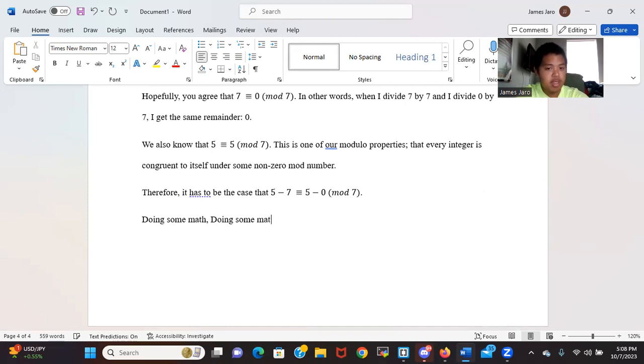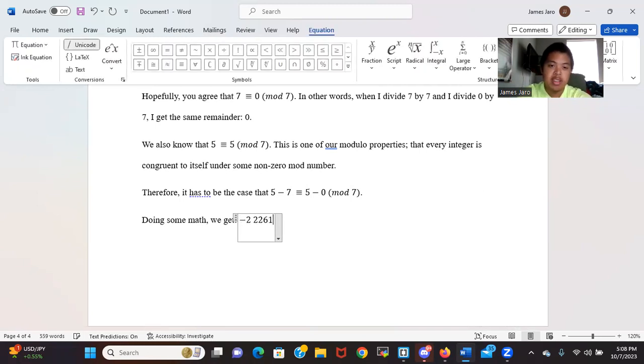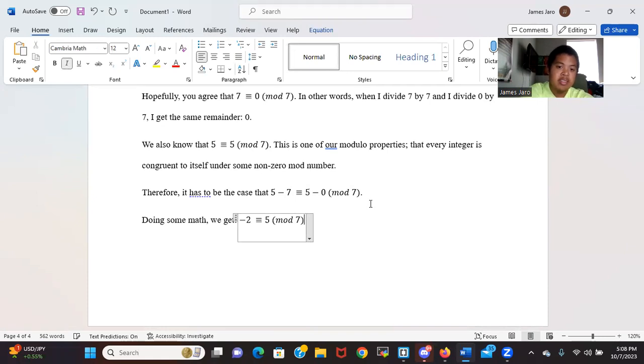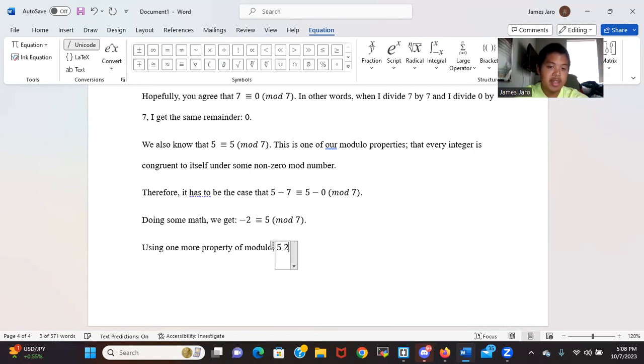Doing some math, we get that -2 is congruent to 5 mod 7. And using one more property of modulos, we can just switch the numbers around.